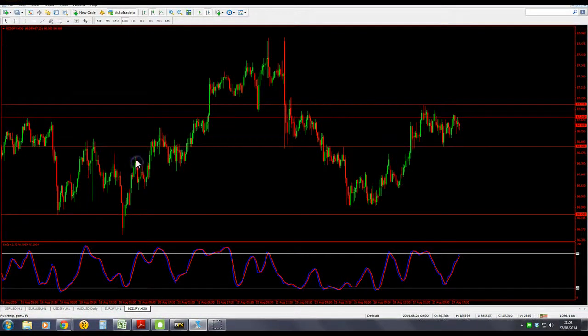But obviously we like to put a lot more probability in our favour. Once we have stochastics, RSIs, Bollinger Bands, moving averages, Fibonacci's, confluence, and if it all ties in with a support and resistance level, then it makes a good trade.